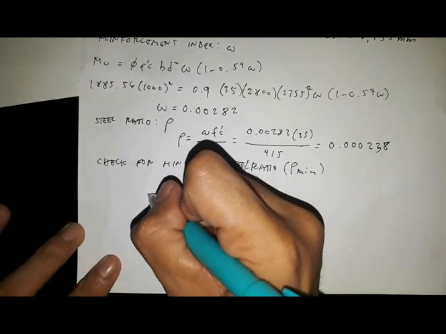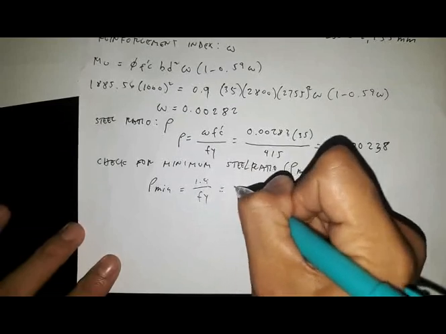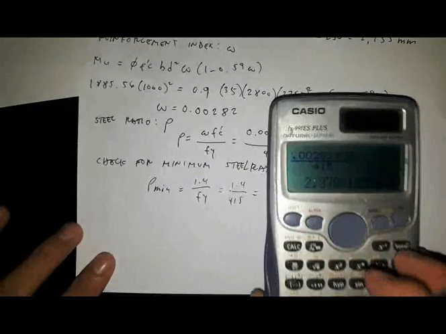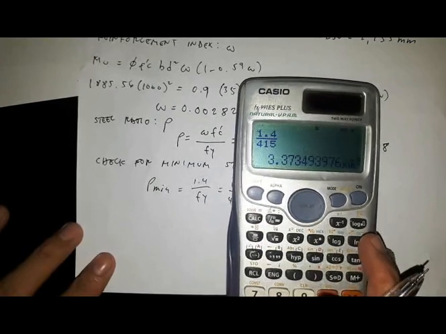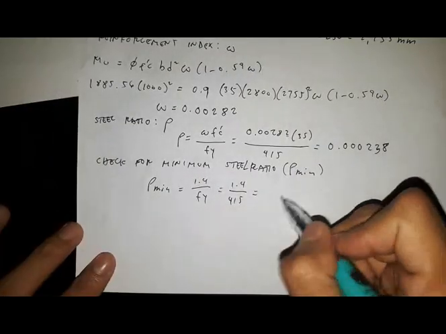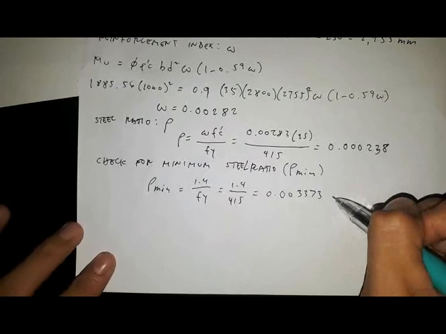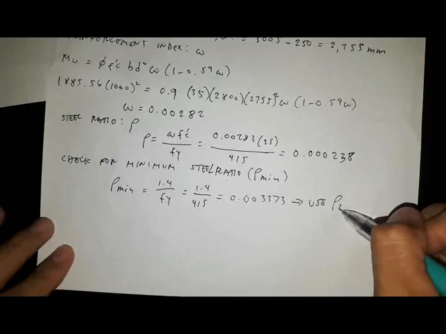So the rho minimum is equal to 1.4 over fy equals 1.4 over 415 equals 0.003373. Now we use rho minimum.